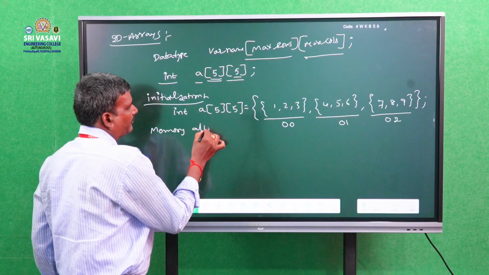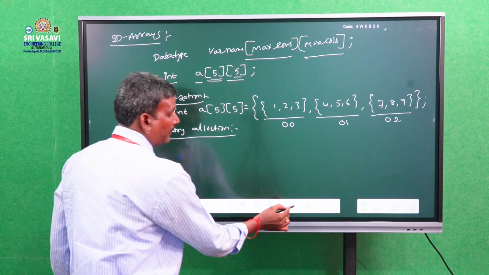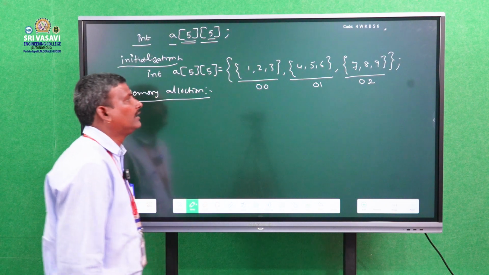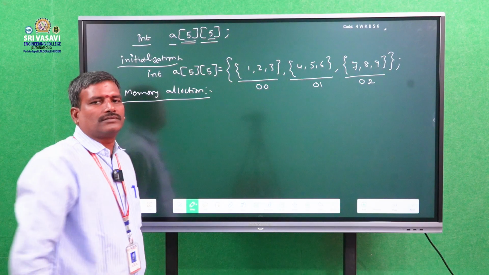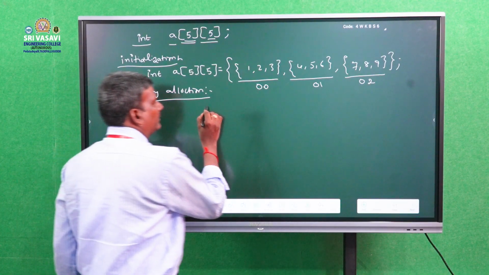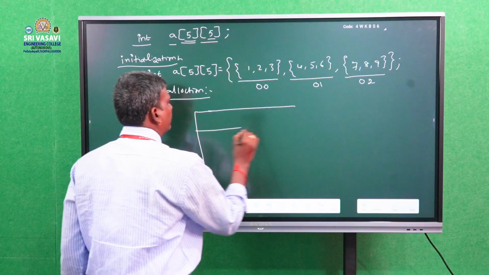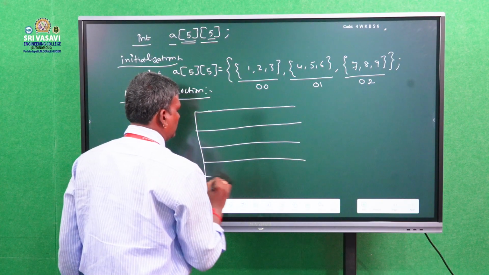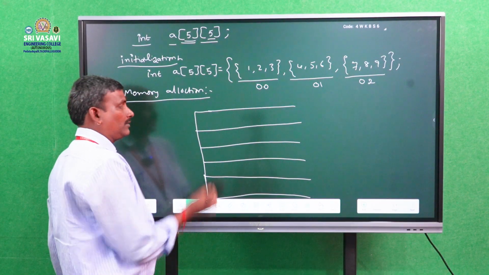Next, memory allocation or memory representation. The memory representation of a two-dimensional array is how these elements are stored in memory. It is in the format of a matrix, meaning number of rows and number of columns.